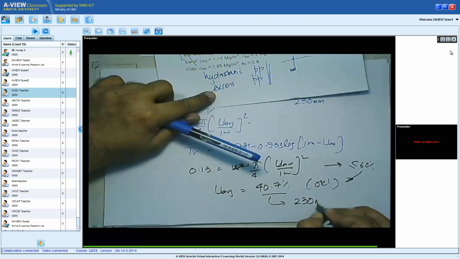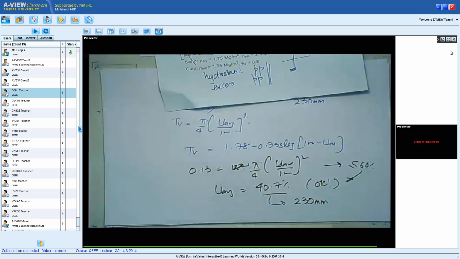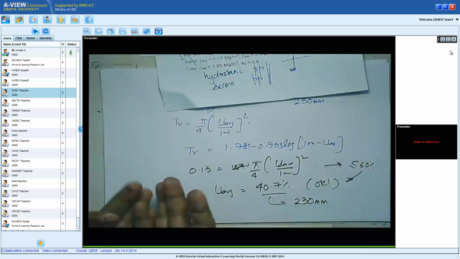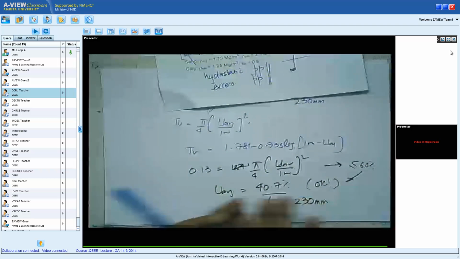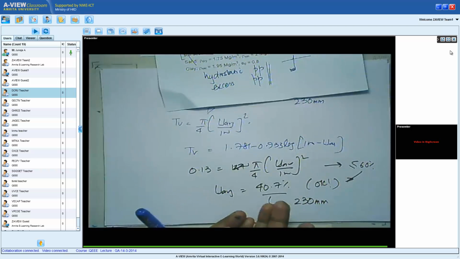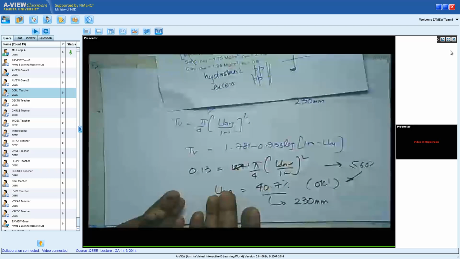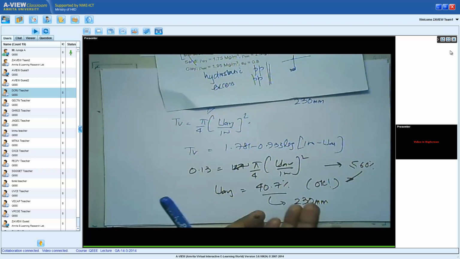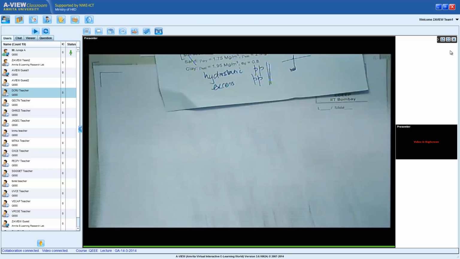So I know my U average is 40.7%. It corresponds to 230 millimeter settlement. If you recall a few minutes back, we said 100% average means 100% settlement, 50% average means 50% settlement. So in this case, 40.7% settlement. So what is the maximum settlement?